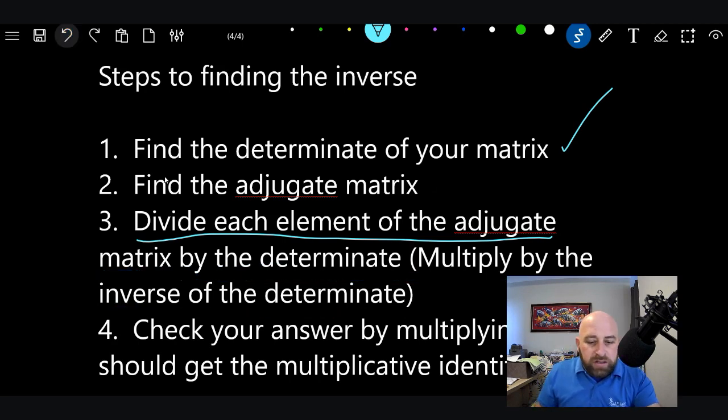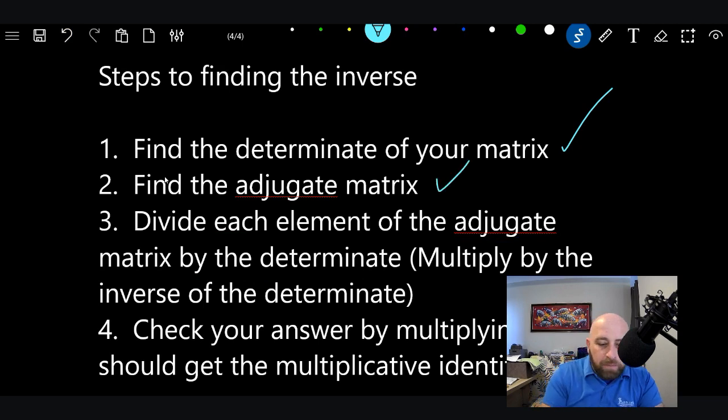Notice what it says here. It says divide. I've never taught you how to divide in a matrix, right? Well, how do I divide? Let's say I want to divide 6 by 2. Okay, well, that's pretty easy. Did you know that you could also multiply 1/2 by 6 and you'll get the same answer?